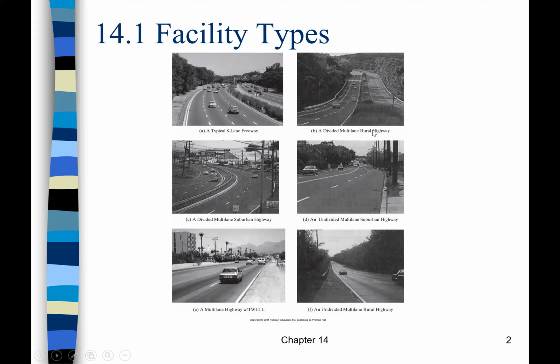A divided multi-lane rural highway looks like this. When we say divided, there will always be a median, either a depressed median or a concrete barrier median. In Thailand, we will see depressed medians too.